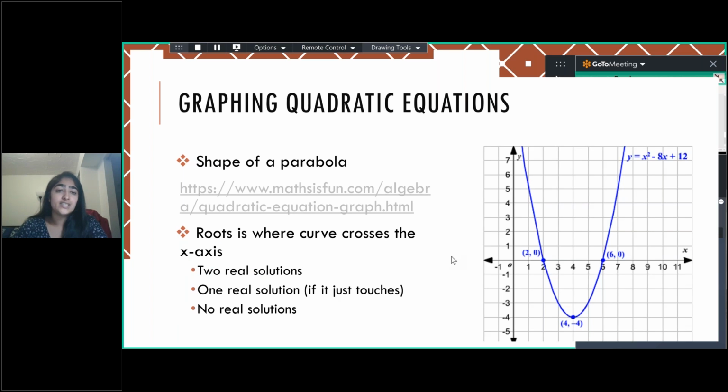So just to give an idea of what these quadratic equations look like, they are shaped as a parabola, and usually the roots are where the curve crosses the x-axis. On the right-hand side, we have an equation of y equals x squared minus 8x plus 12, and we have the associated curve with it.